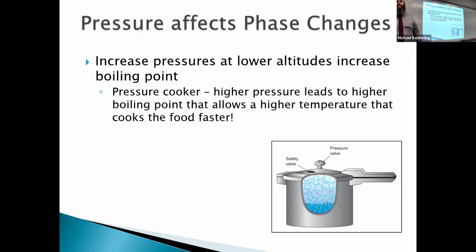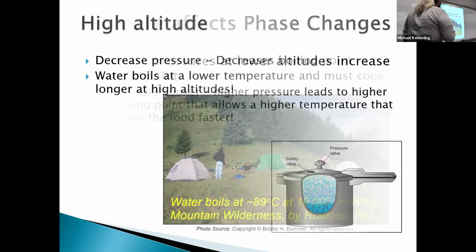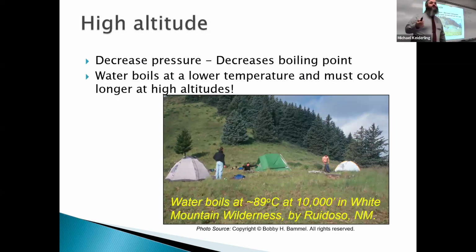Now, so higher temperature, faster cooking, pressure cooker allows us to cook things faster. Now, the opposite happens if we decrease the pressure. If we go to a higher altitude, this decreases the boiling point. So water will boil at a lower temperature, and you have to cook things longer at high altitudes.